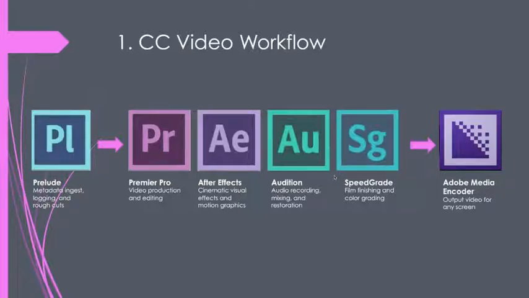After Effects, which is your visual effects and motion graphics. Then over to Audition, which is the audio side, so audio recording, mixing, and restoration. Then Speed Grade, which is the finishing and color grading, and then 6 is your output. Adobe Media Encoder is your output.